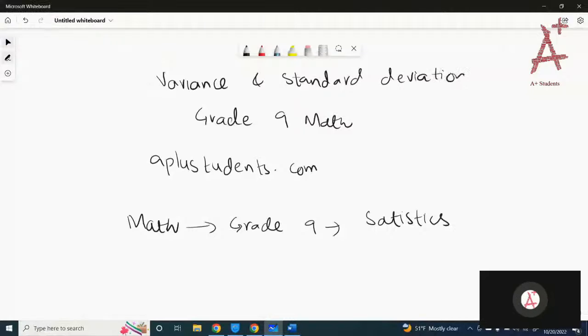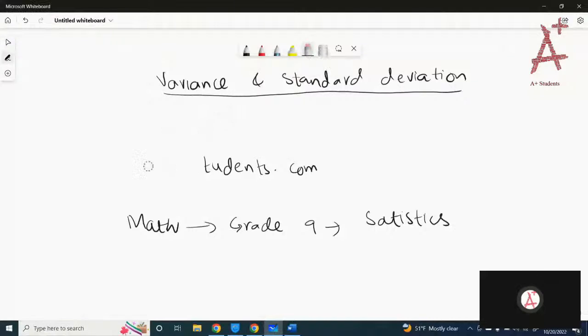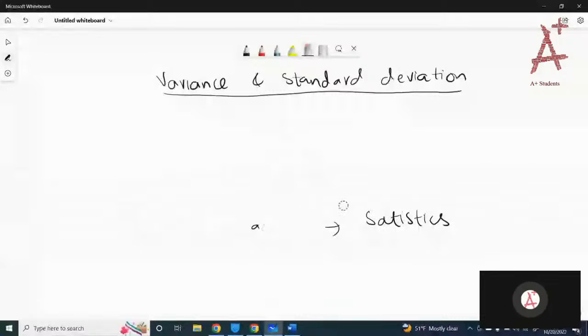Please make sure before starting the topic you have your notebook and pencil so that you can note down the important points. Got it? So let's start with variance and standard deviation. First, we are going to see what variance and standard deviation are. Let's note down the definitions of the standard deviation and variance. Got it?